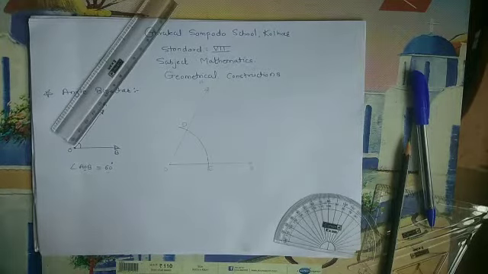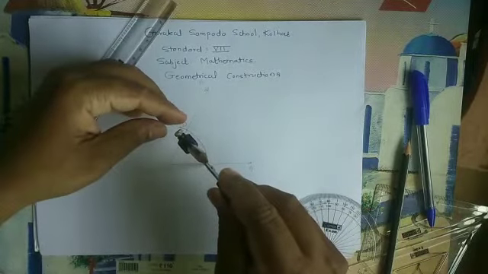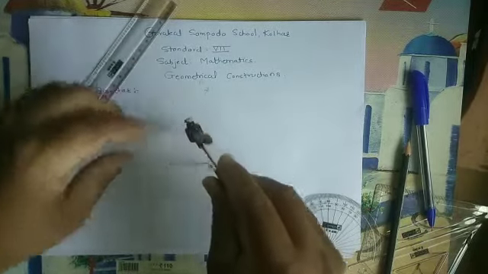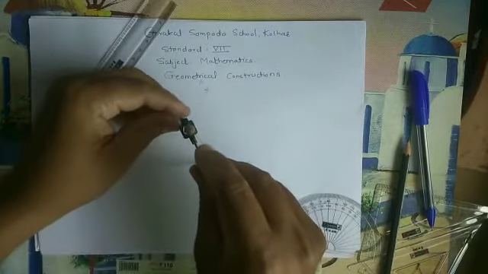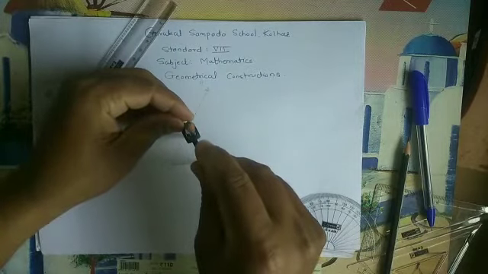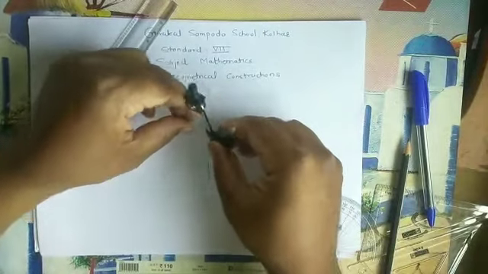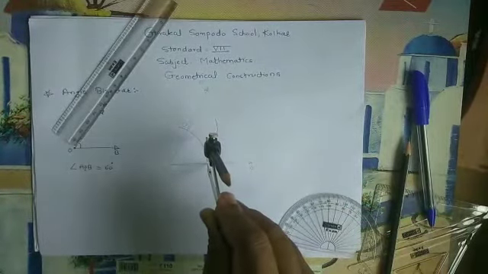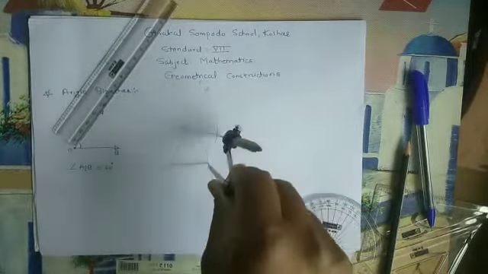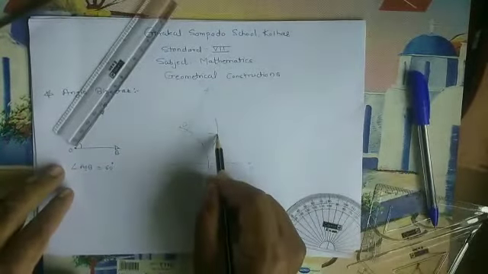Now the next step. Again, now take this DE distance. I take a distance which is greater than half of the length DE. Suppose this much. I keep the fixed end first at point D and mark an arc. Then with the same distance I keep the fixed end at E and draw a second arc which intersects the first at this point.